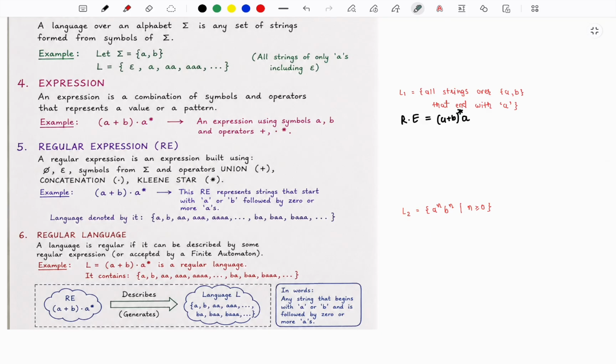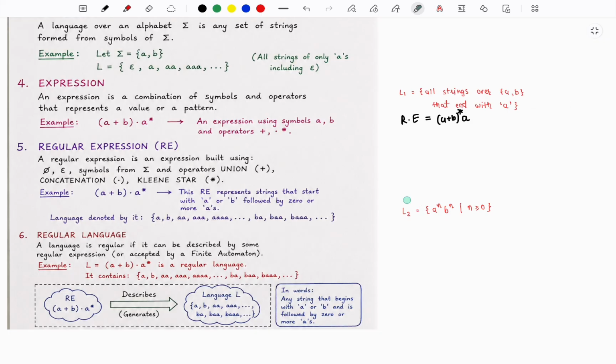If the last symbol is not A, then reject the string. Suppose if the last symbol is B, then the finite automata will reject it. Suppose A is accepted by this language, BA is accepted by this language, but AAB will not be accepted by this language.